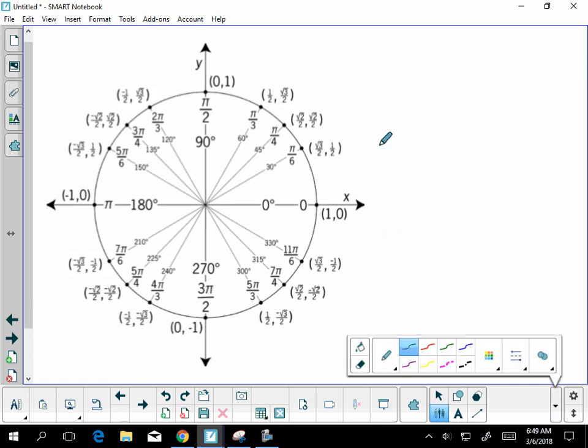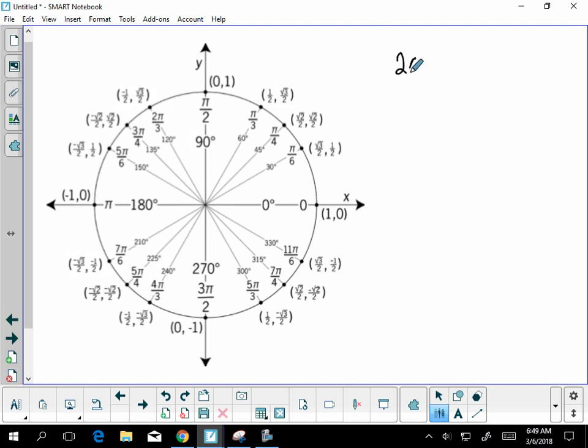So on 5a, you have 2 cosine theta plus radical 2 equals 0. Well, if I solve for cosine theta, I'm going to get cosine theta equals negative radical 2 over 2.